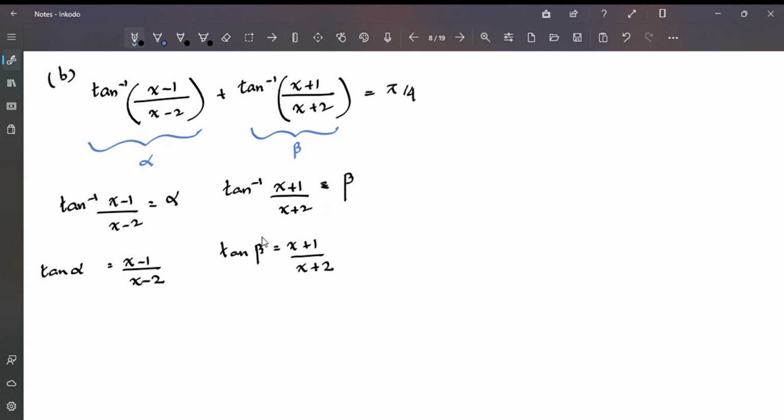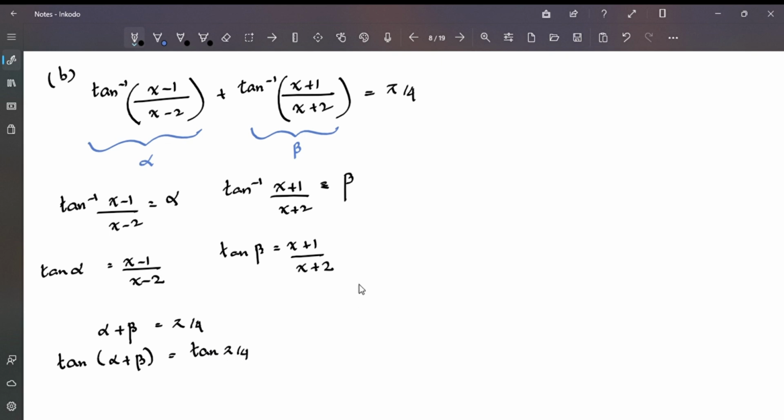The above questions are all sine and cos, so this is the only tan question we have got. We don't have sec, cosec or anything, only tan, sine and cos. Easy. Now we defined alpha and beta. Now instead of tan values I can put alpha plus beta equals pi over 4.